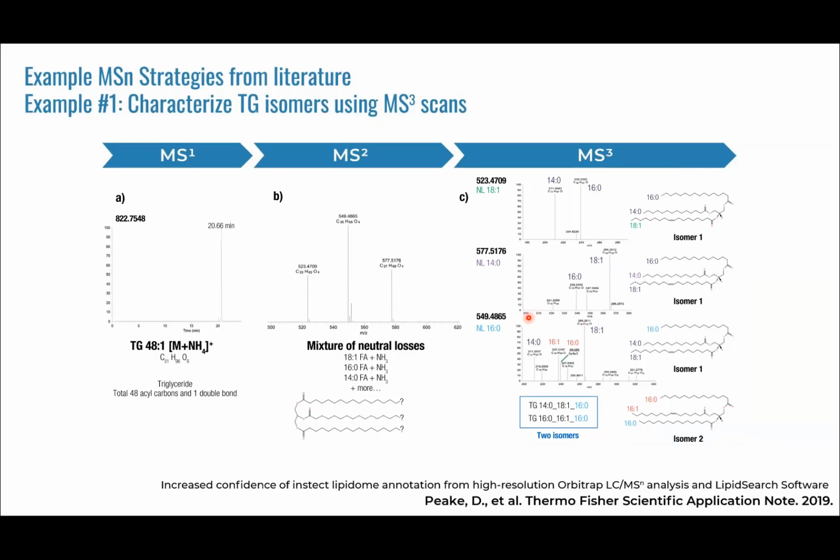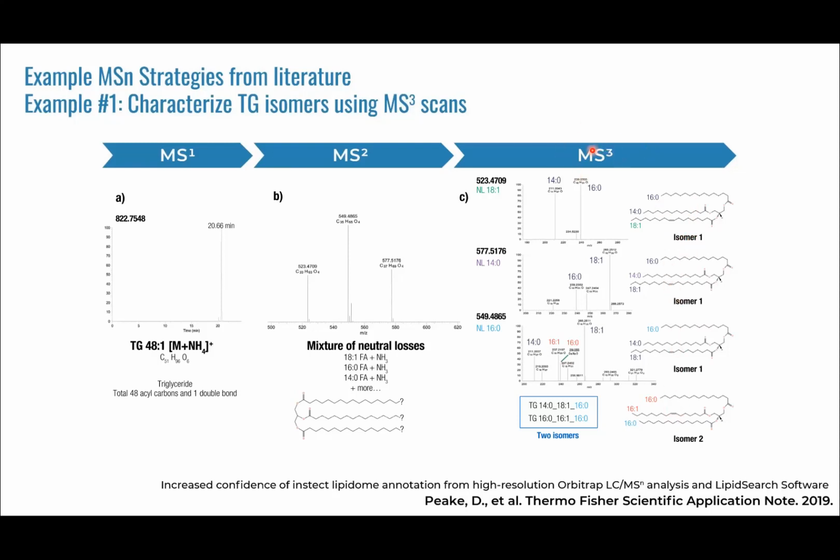So there are some published results of how, if you had the ability to make real-time decisions, you could do good things. Here's a case where, when you do MS2, you get a mixture of neutral losses. And if you can trigger an MS3 event, you can actually figure out exactly the chain lengths and which isomers are present.